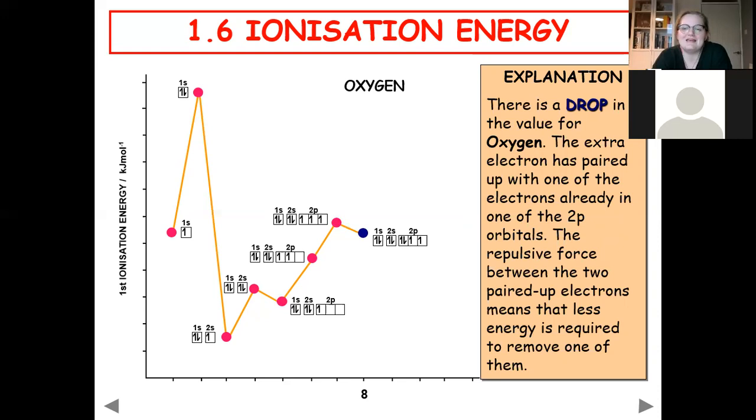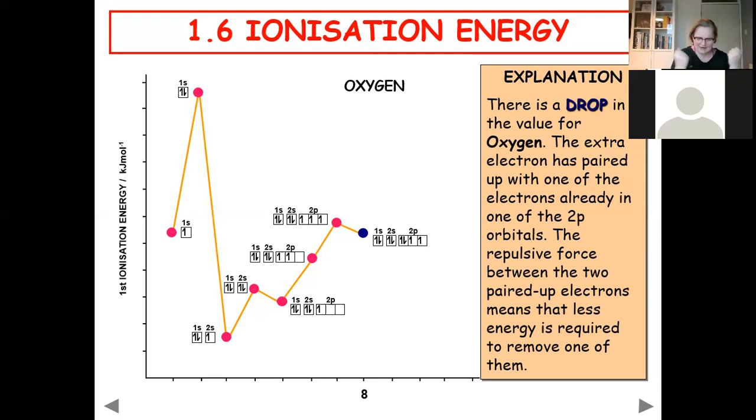What happens here is there is a repulsive force between the two paired up electrons. Because they are both negative charges, they are both going to repel from each other. So that's really, really useful actually. And we call this whole thing electron repulsion. Because they're paired together, they're able to repel each other more.